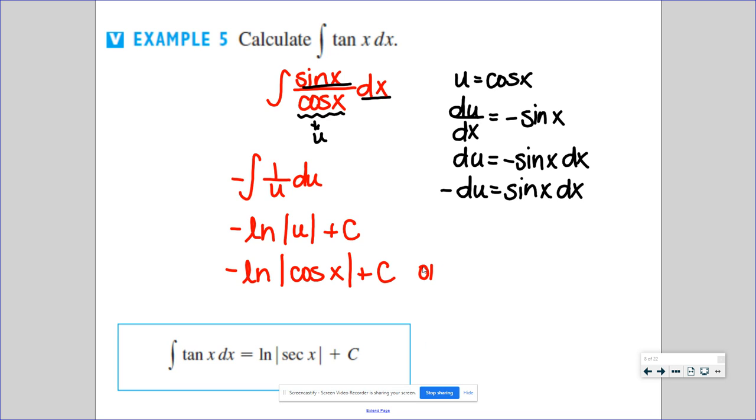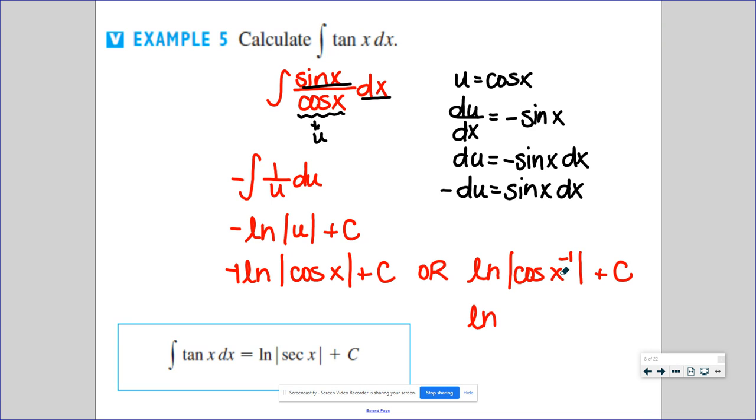Here's why. Whoever wrote this solution down here chose to apply logarithm properties. Logarithm properties allow you to take any number in the front that is multiplying the logarithm and apply it as a power to the inside portion.